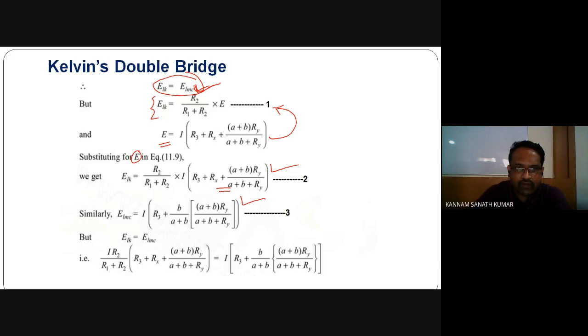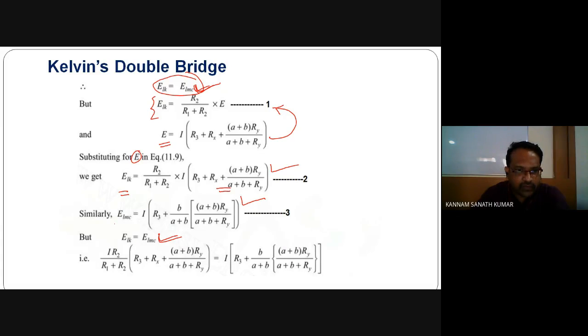Now equate these two equations: ELK equals ELMC. ELK is I into R2 by (R1 plus R2) into [R3 plus Rx plus (A plus B) into Ry by (A plus B plus Ry)], equal to I into [R3 plus B by (A plus B) into Ry by (A plus B plus Ry)].